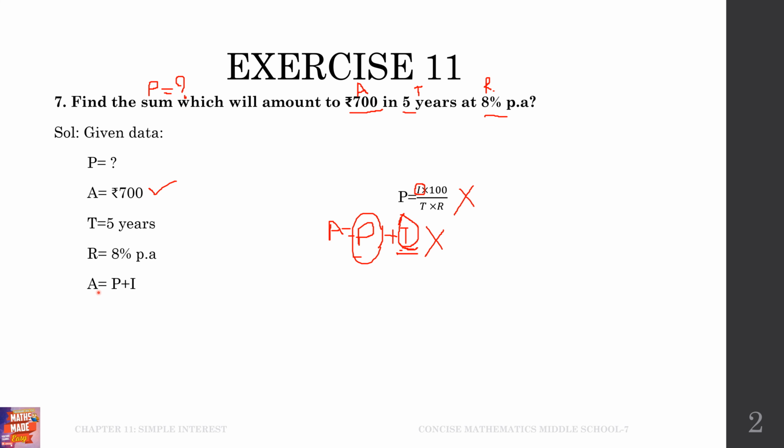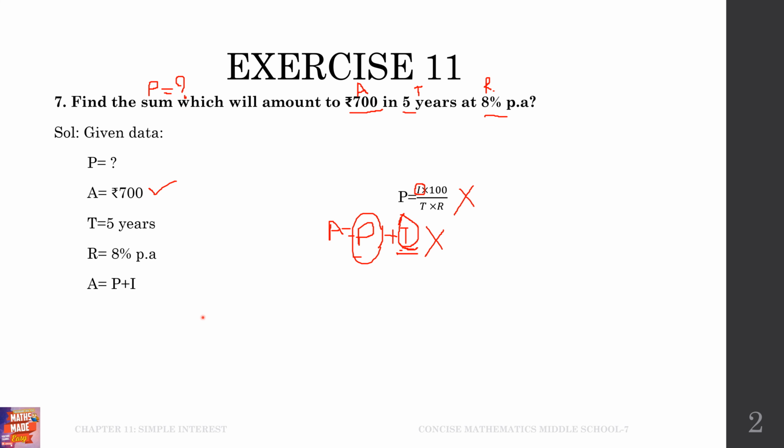If we know two numbers, that is interest as well as A, then you can find the principal value. Or else if you know the principal value and amount value, then you can find I value, right? Is it clear children?